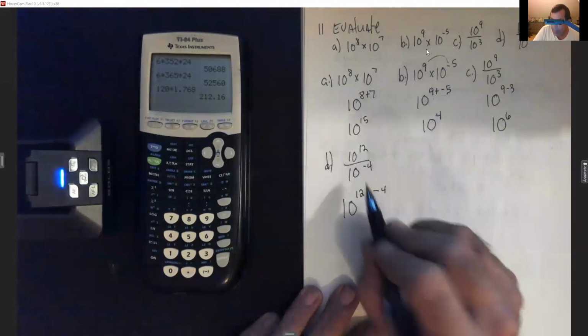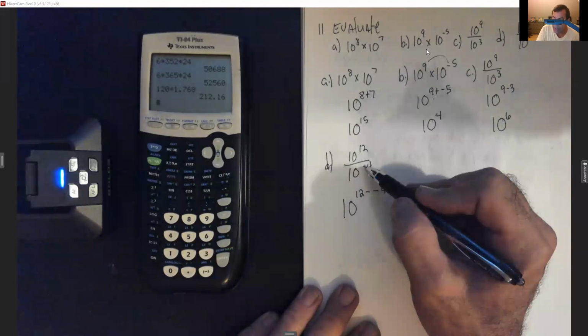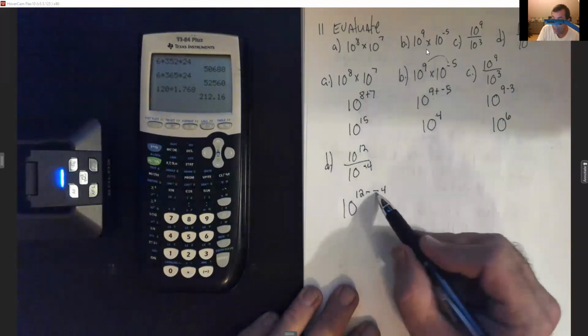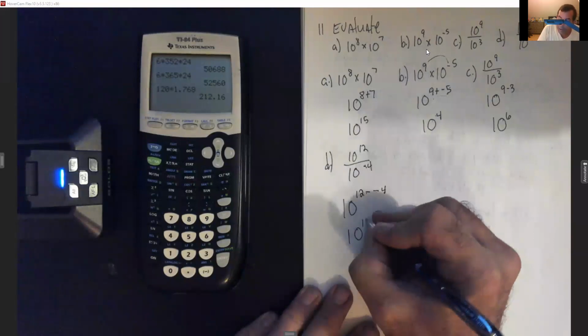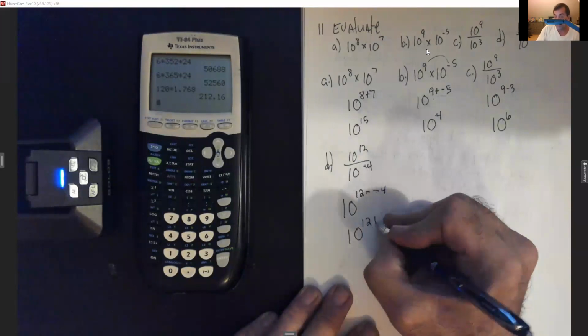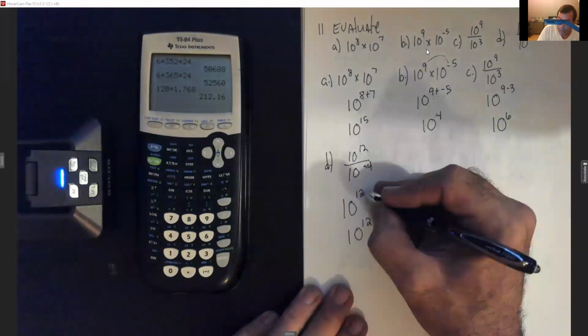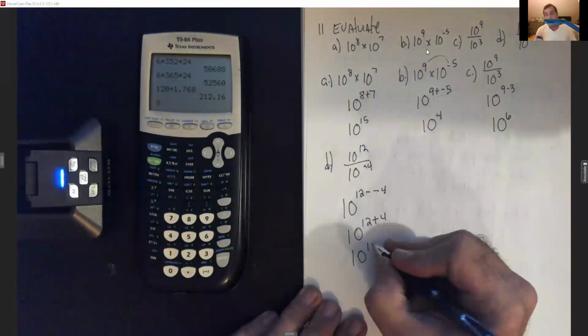So you got a negative on the bottom, so when you subtract the top minus the bottom, you're subtracting a negative number. But remember, anytime in math you subtract a negative, you turn that to a positive. So this is like 12 plus 4, which gives me 10 to the 16th.